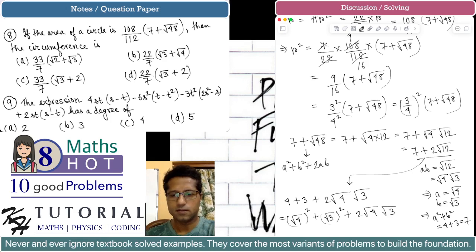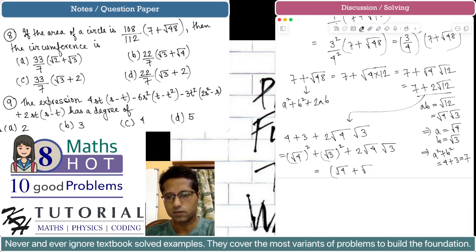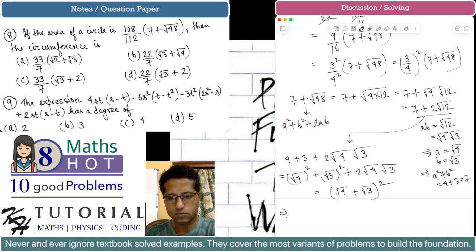Now we get the form of a square plus b square plus twice ab. So this is equal to square root of 4 plus square root of 3 whole square. So what is r square now? This implies r square is equal to 3 by 4 whole square multiplied by square root of 4 plus square root of 3 whole square.